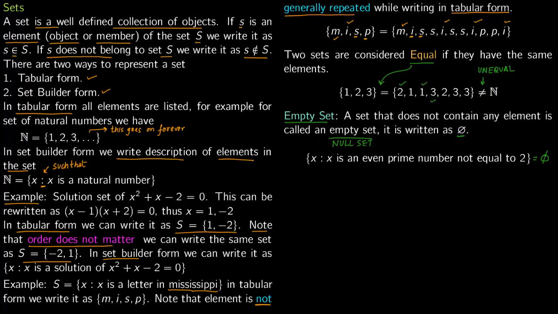Consider another example: x such that x is a natural number and a solution of the equation x squared minus 1 by 4 equals 0. The solution of this equation is x equals 1 by 2 or minus 1 by 2.